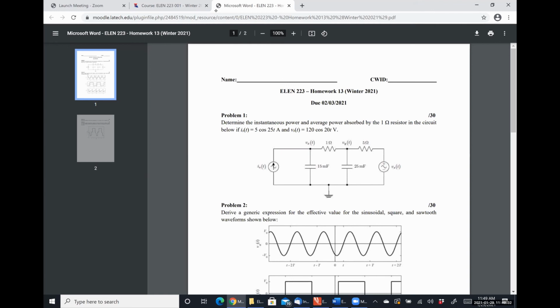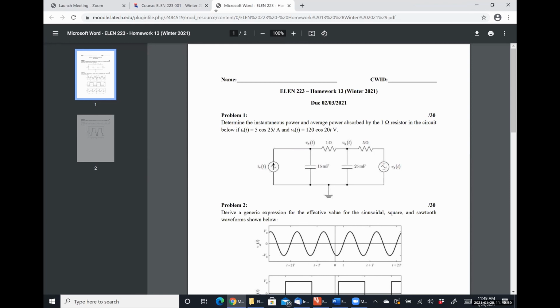So superposition cannot be done for the instantaneous power. Well, I'll take that back. You have to use superposition to find Vx of t and Vy of t, but Vx of t is going to have two frequency components, and Vy of t is going to have two frequency components.